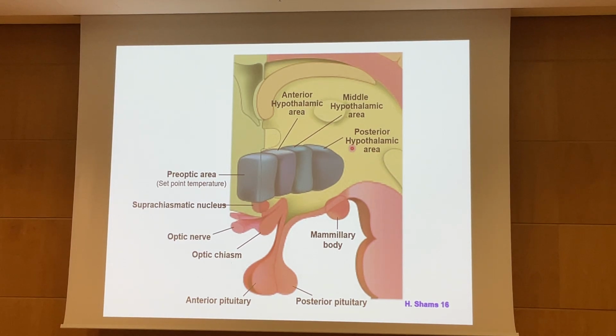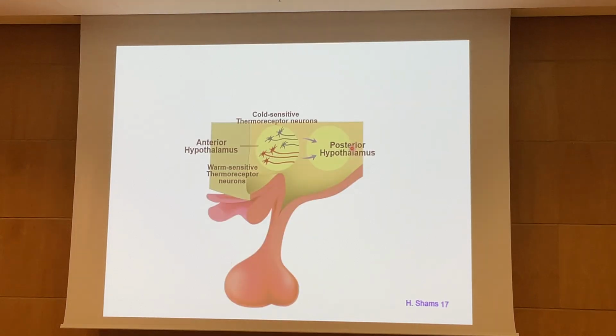The other job of the hypothalamus is that you have receptors in these regions. You have cold receptors and you have warm receptors. They measure the temperature. If the temperature is low, they heat up the body.